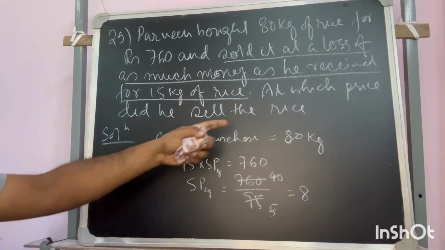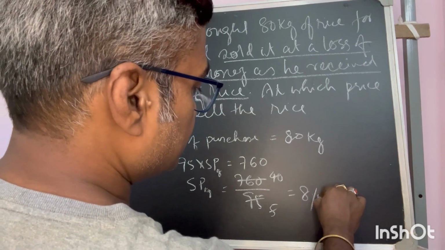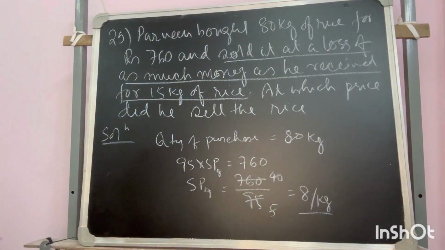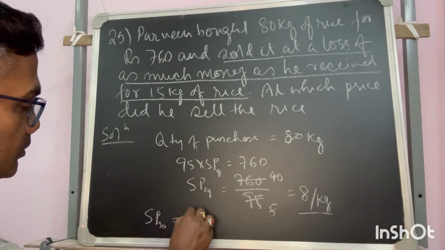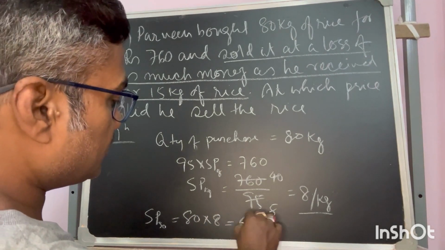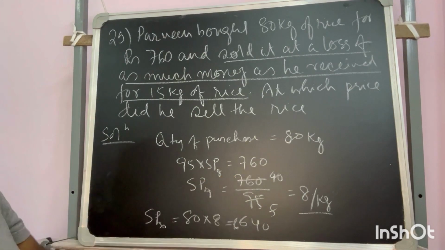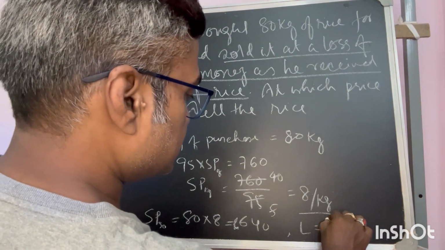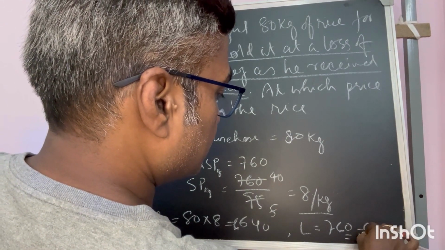So this is the selling price that is asked for, selling price per kg. As a whole, the selling price for 80 kg is 80 into 8, so he received 640 rupees, and the loss is 760 minus 640, which is equal to 120.